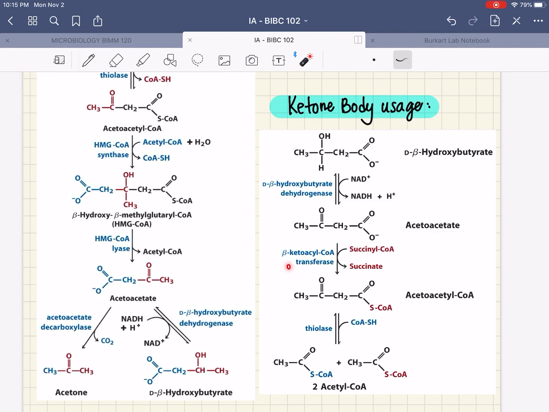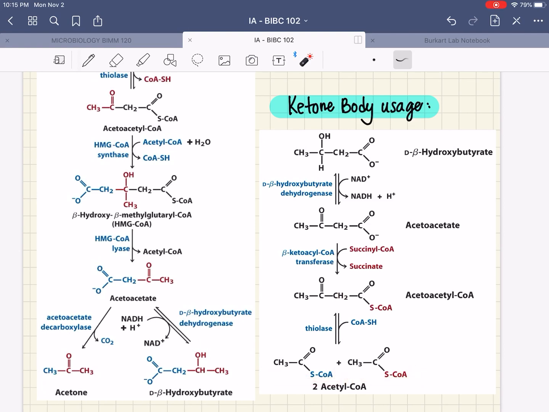Then, through this transferase enzyme, succinyl-CoA lends its CoA to acetoacetate and forms acetoacetyl-CoA. And thiolase uses a coenzyme A to break this apart and form 2 acetyl-CoAs.